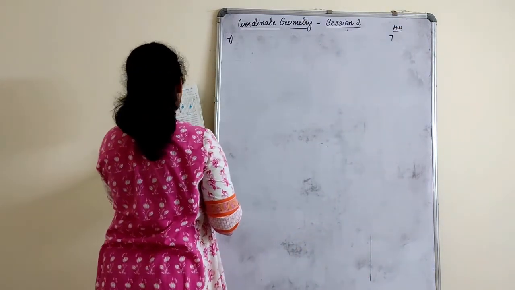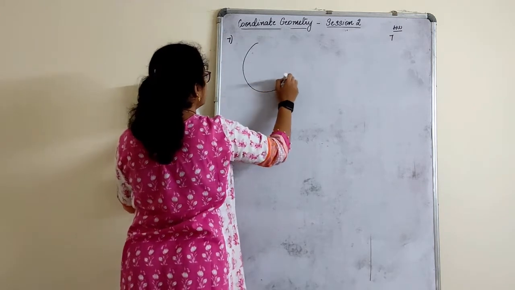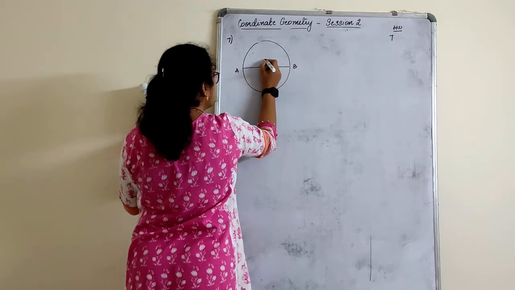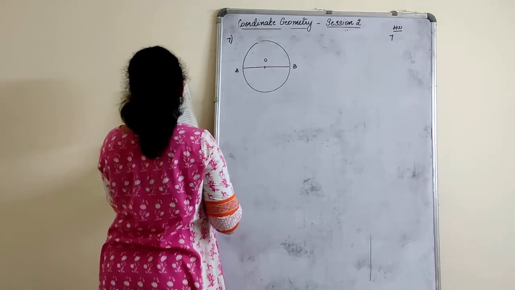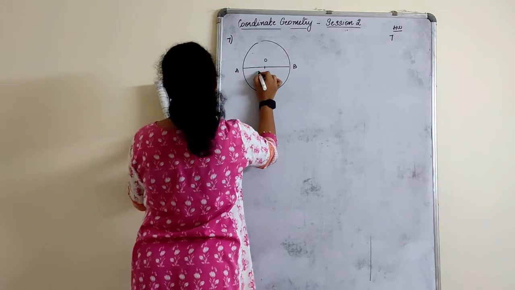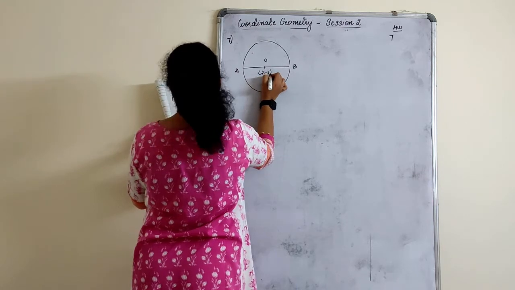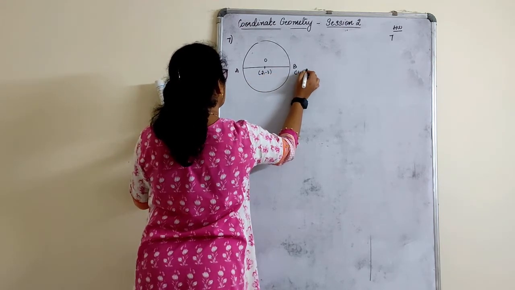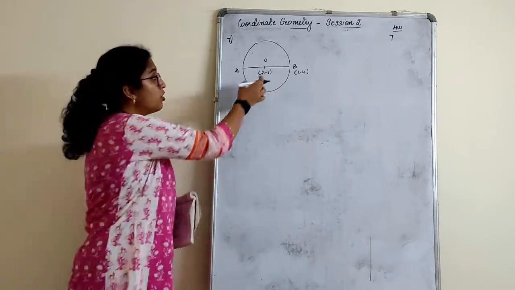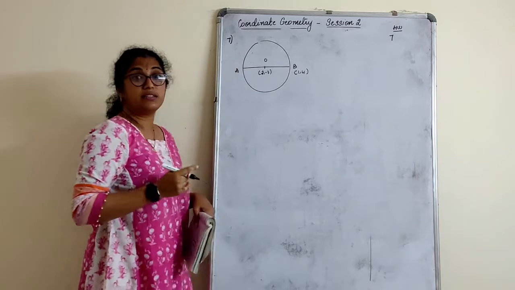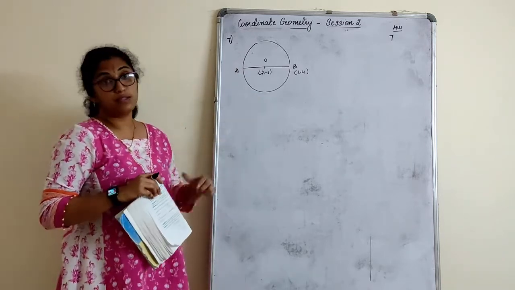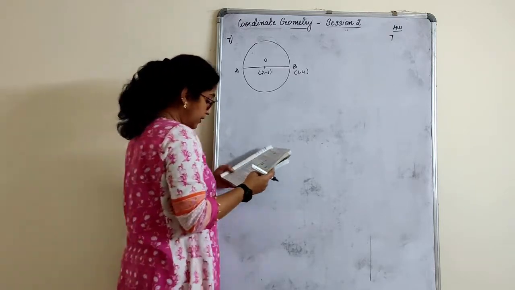Find the coordinates of point A where AB is the diameter of a circle whose center is 2, minus 3 and B is 1, 4. I think you can do this. Which formula? Midpoint formula. Coordinate is given, children. You need to find with this. You know how to find by correlating it to x and y later. Mark this for homework. Eighth one.